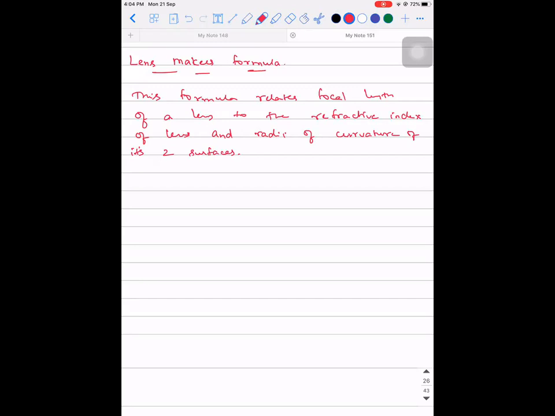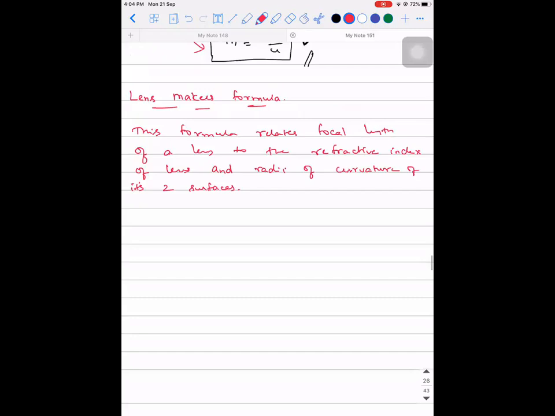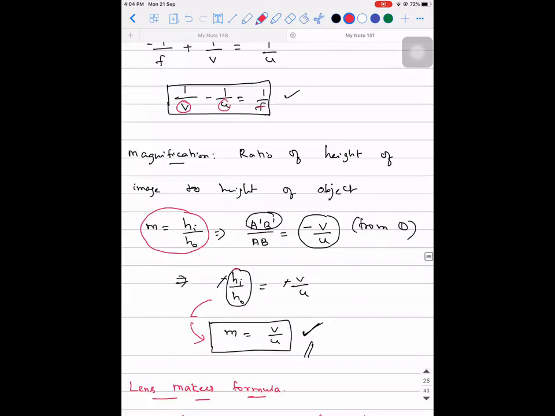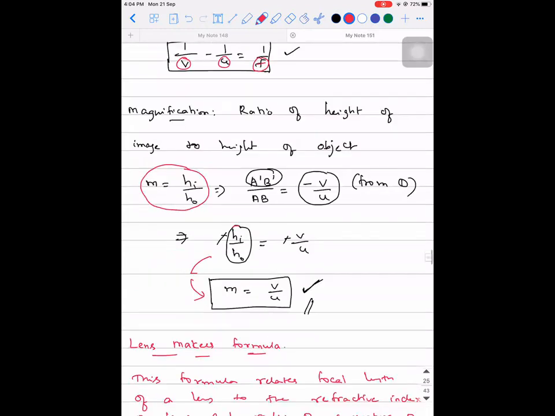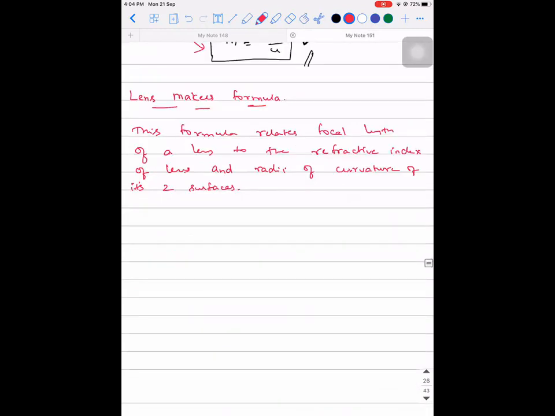So try to understand the difference here. Lens formula mainly speaks about what? It mainly speaks about the relation between object distance, image distance, and the focal length. Whereas lens maker's formula is more concerned about how you relate the focal length to the refractive index of the material and also the radius of curvature of both the surfaces.